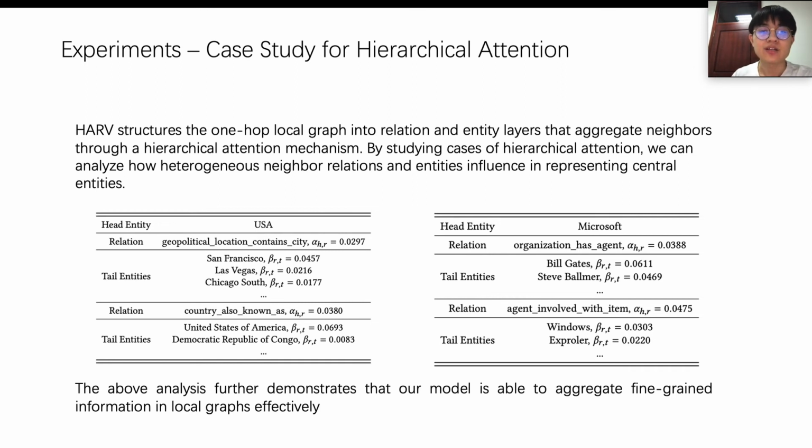By studying cases of hierarchical attention, we can analyze how heterogeneous neighbor relations and entities influence representing central entities. And the result shows that our model is able to aggregate fine-grained information in local graphs effectively.